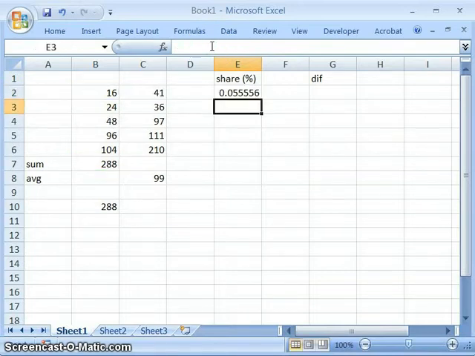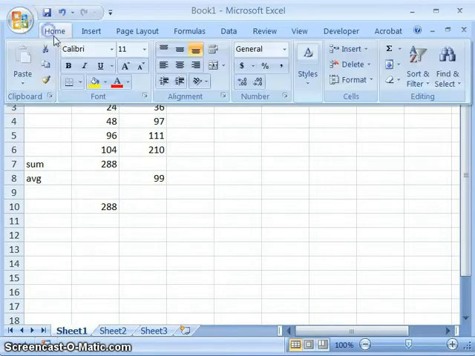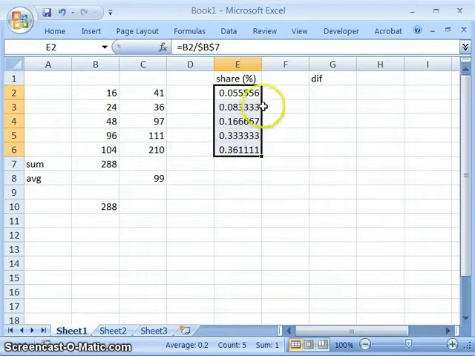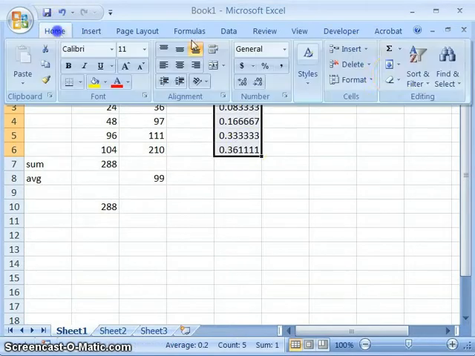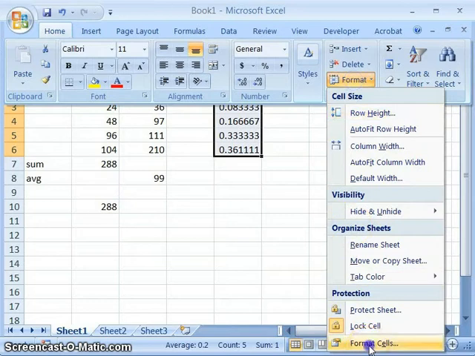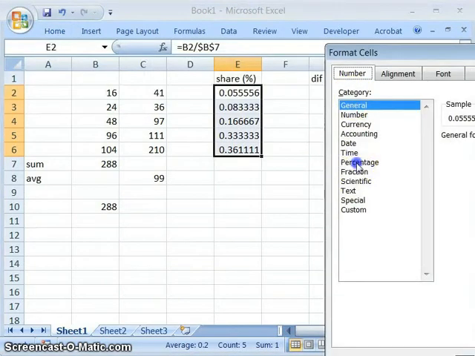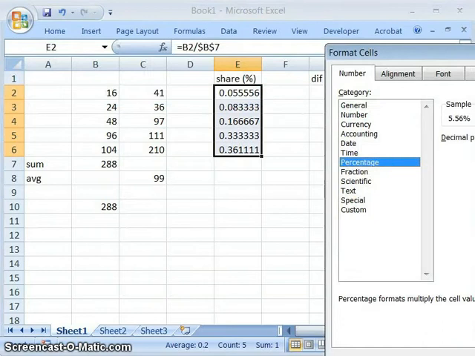And then we're going to say enter, and then we're going to copy that down to here, hit enter. Now this time I'm actually going to format it so that you can see what it looks like. Format these cells as a percentage, and we're going to do two decimal points. So that's okay.